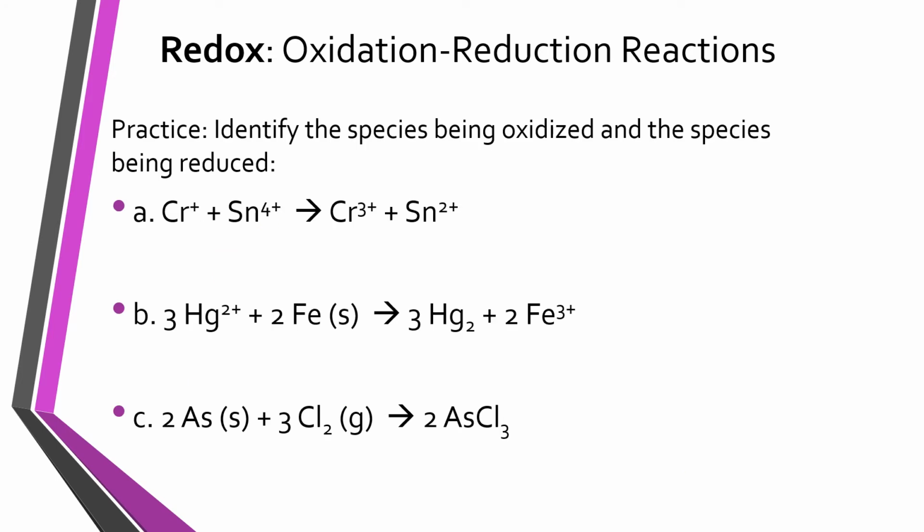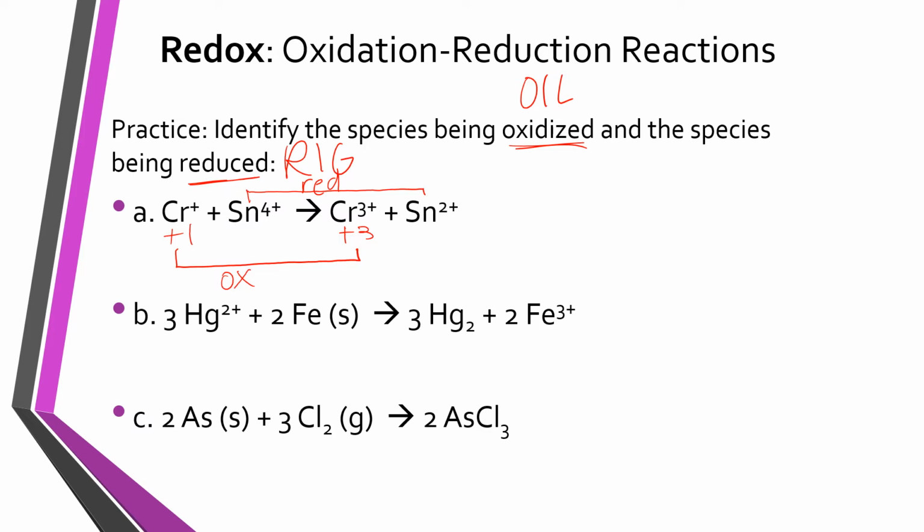So some more practice. We're just going to identify what species is being oxidized and what species is being reduced. So oxidation is loss, reduction is gain. So right here, chromium is +1. Over here, it's +3. So that would require the loss of electrons. The oxidation number is going up, so it was oxidized. Tin is going from +4 to +2. That means it would have to gain electrons to do that. Its number went down, so it was reduced.